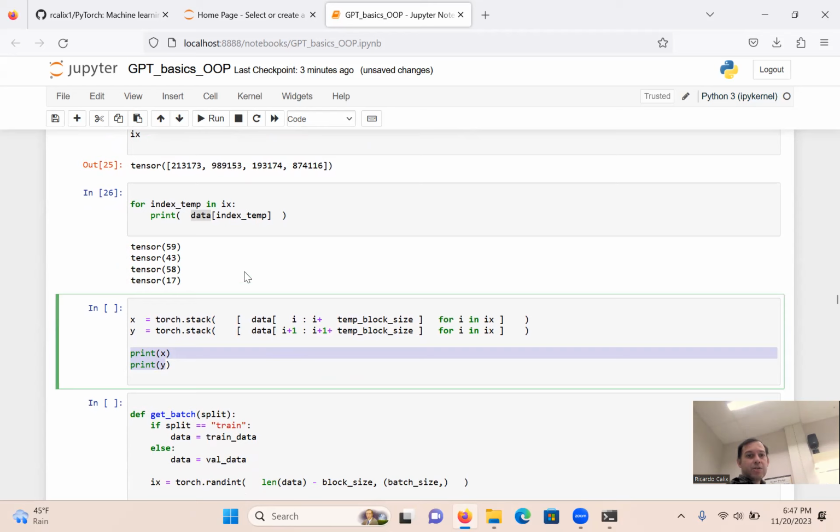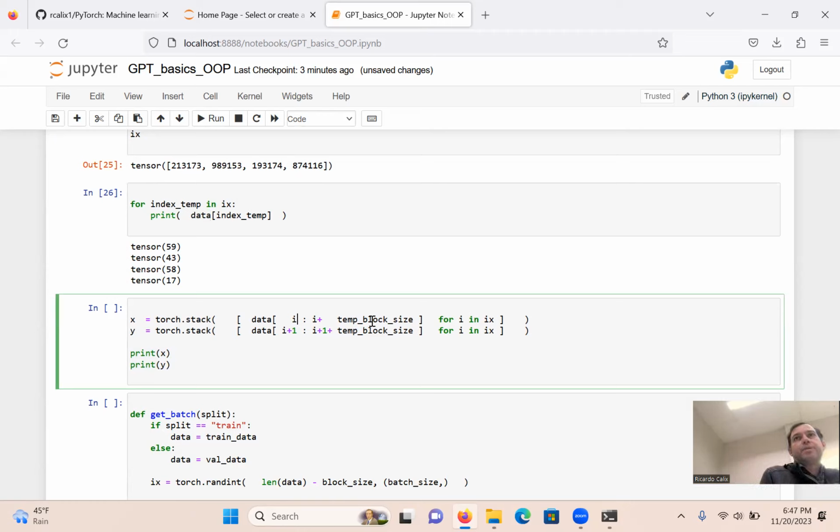We start at these IDs, the big ones here, and then we plug them into data. So we take i, and then go up to temp block size. What does that mean? It means that we grab, let's say this is 989,000 and the 256 characters following that one in the text, so that we can grab a chunk of the sentence.